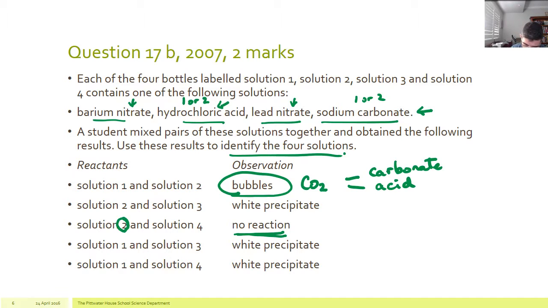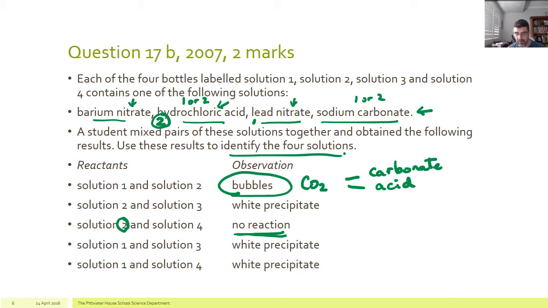So if, for example, we say solution 2 is the hydrochloric acid, so let's make a little 2 next to hydrochloric acid, then which one of lead nitrate or barium nitrate will give us no reaction? Well, the problem that we have is that lead chloride is slightly soluble.